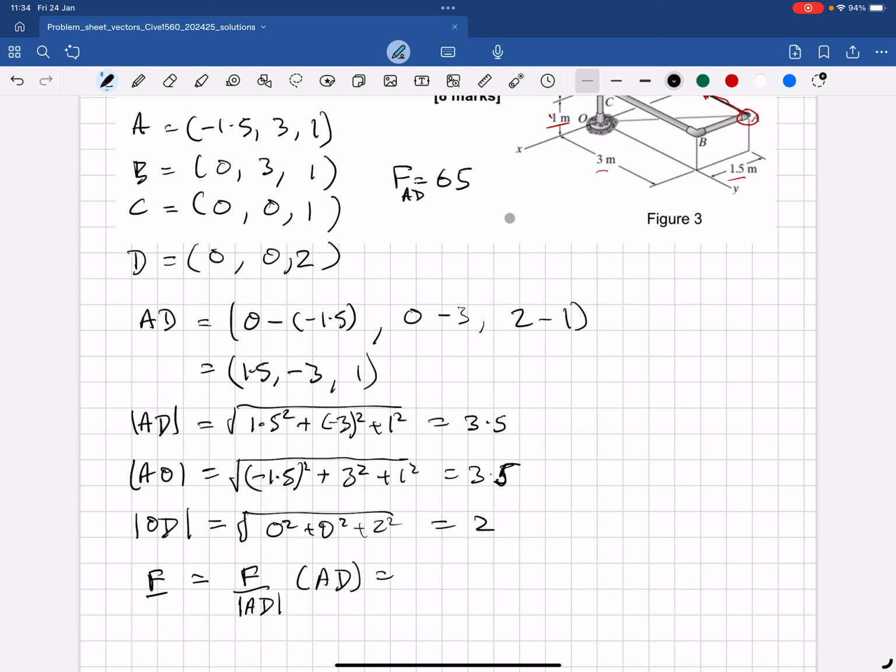So 65 over the magnitude of AD, which is 3.5, times AD, which was 1.5, minus 3, 1.